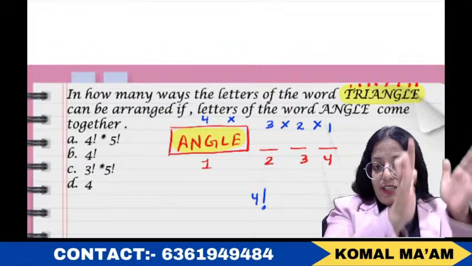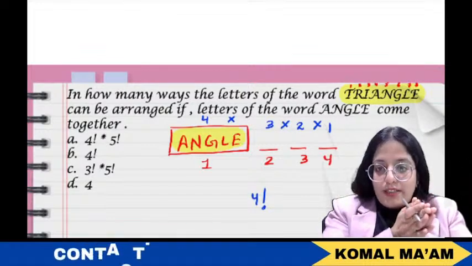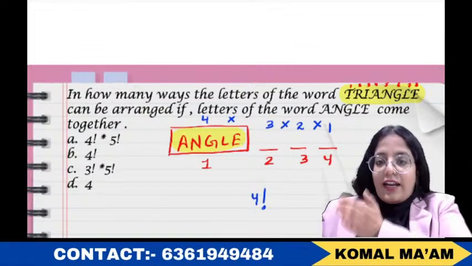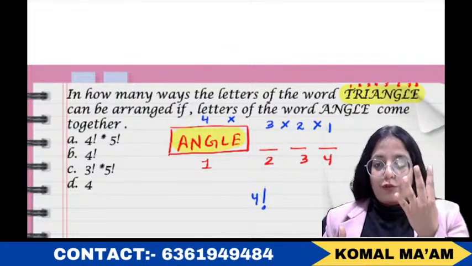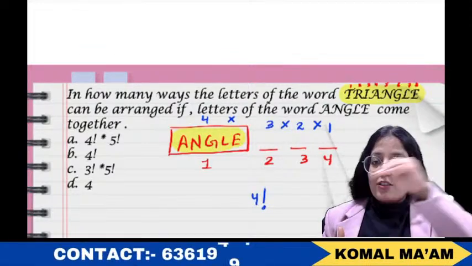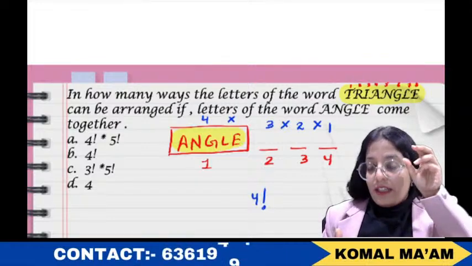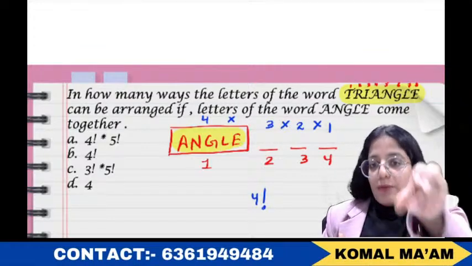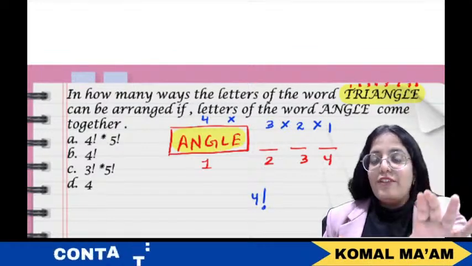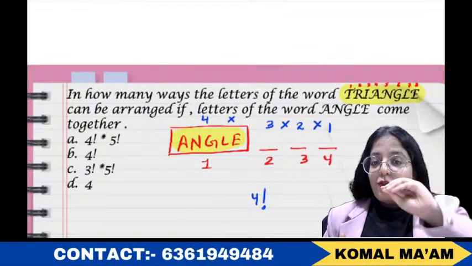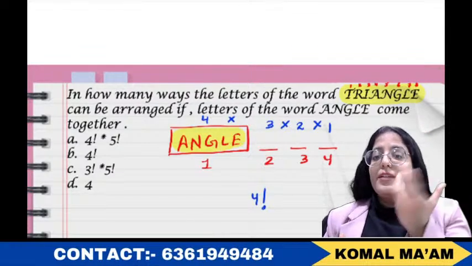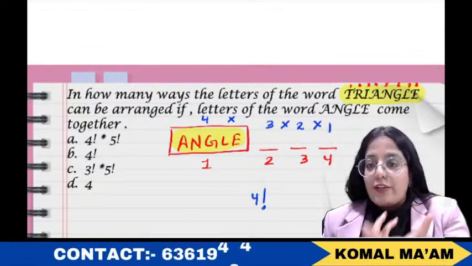We took the letters of the word ANGLE as one letter and T, R, I as the remaining 3 letters. So we have 4 letters, and we can arrange these 4 letters in 4 factorial ways. But if I talk individually about ANGLE, it has 5 letters, and these 5 letters can again be arranged in 5 factorial ways.